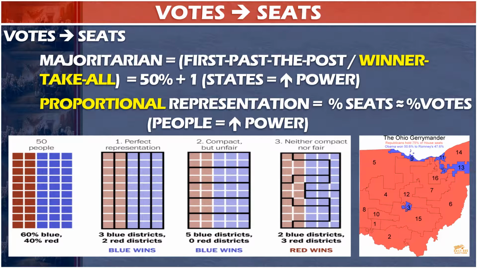The winner gets all the representation. The other system is called proportional representation, and this means the percent of seats in the legislature is roughly equivalent to the percent of votes, although there's lots of small sub-rules for different systems of proportional representation. And in these systems, basically, you don't often vote for individual representatives, but you vote for a political party.